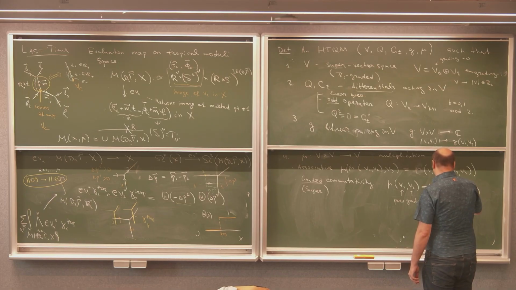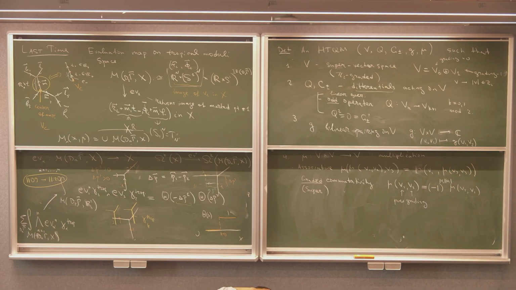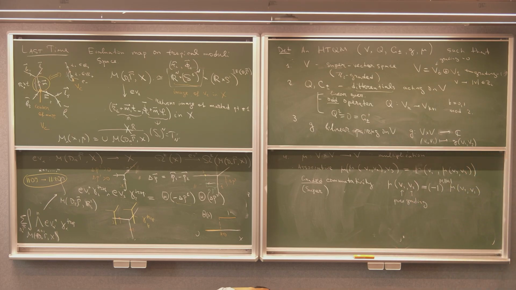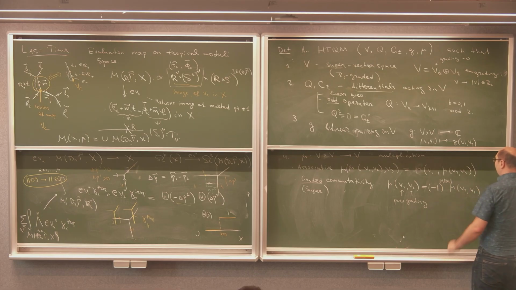This sign is equal to -1 to the power of grading of v1 times grading of v2. In particular, if one of the two vectors is even, its grading is 0, so the product of gradings is always 0, and -1 to the power 0 gives us +1.